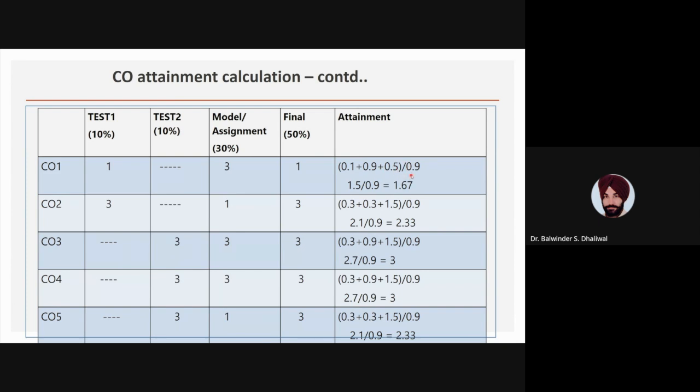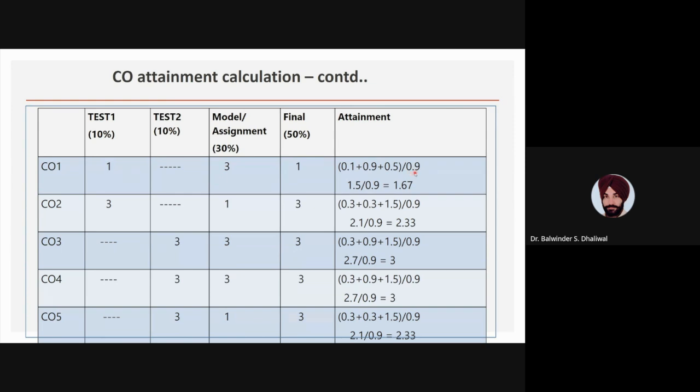Now we divide by 0.9. To take the weighted average, we divide by the maximum value possible for this particular CO. CO1 is mapped to test 1, not mapped to test 2, and mapped to the model assignment as well as the final. So it is mapped to 10% of test 1, 30% here, and 50% here. This 50 plus 30 plus 10 becomes 90%, which means 0.9. That's why we are dividing by 0.9, right?